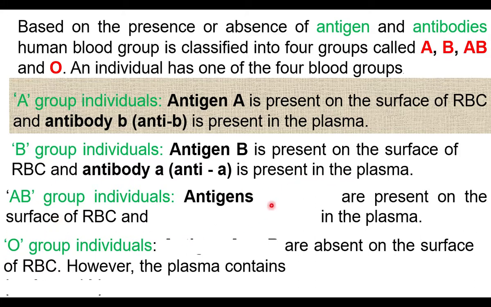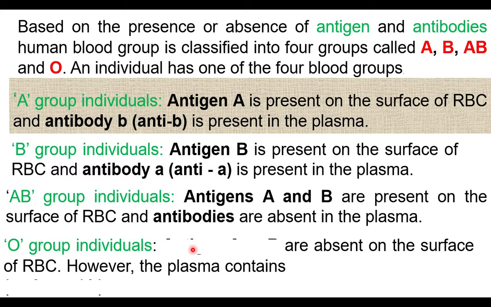AB group individuals have 2 antigens. A and B are present on the surface of RBC. Then what kind of antibody will be present in the plasma? No antibody will be in the plasma. Antibodies are absent in the plasma of AB. O group individuals have no antigens.